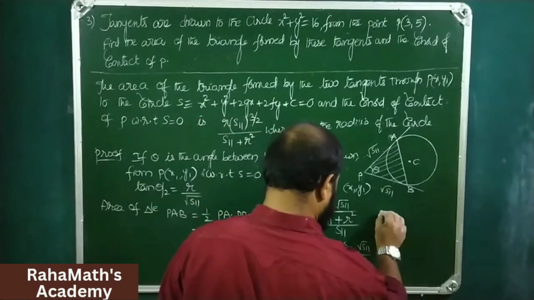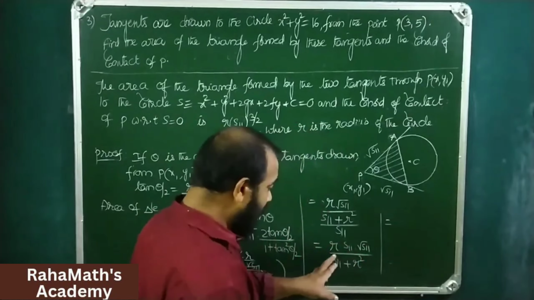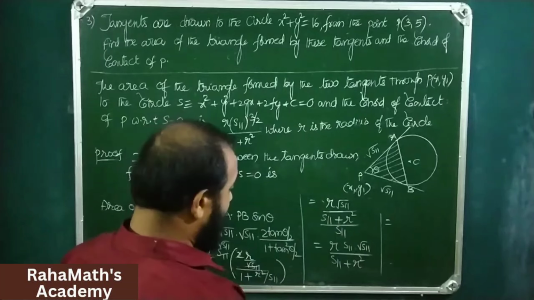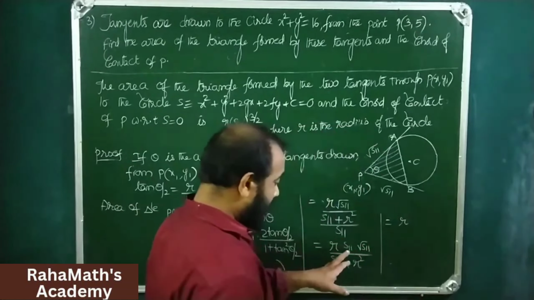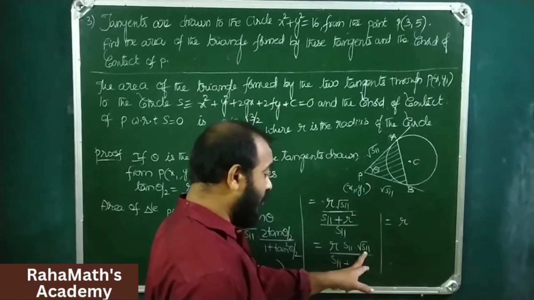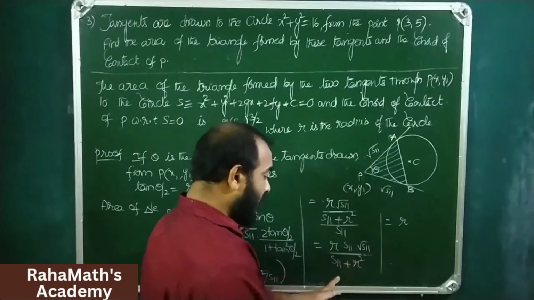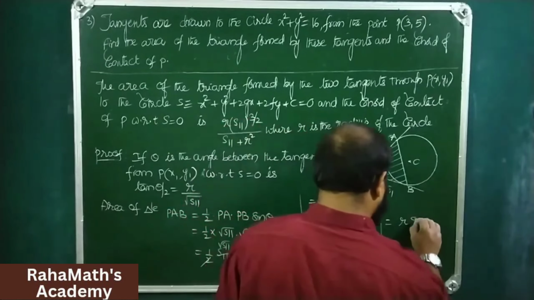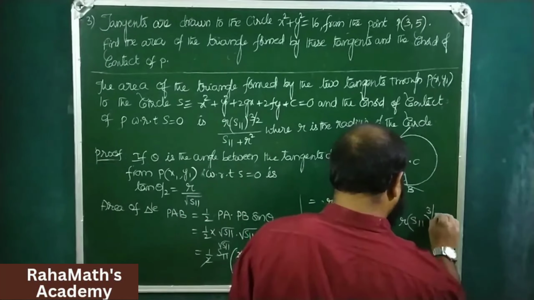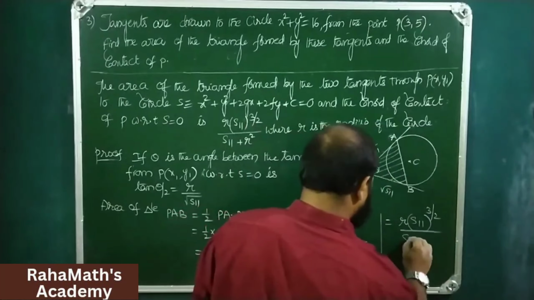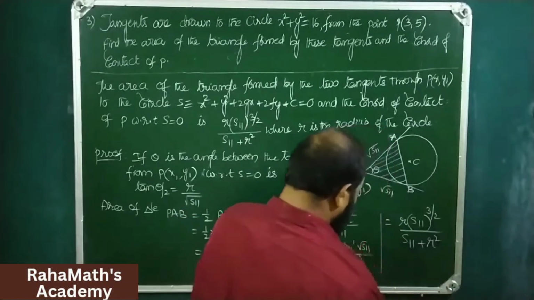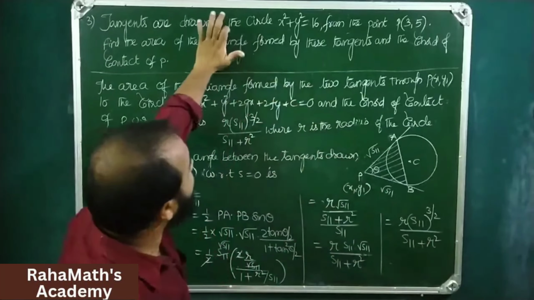So this is equal to R into S11 whole power 3 by 2 by S11 plus R square. Using this, we will find the area.